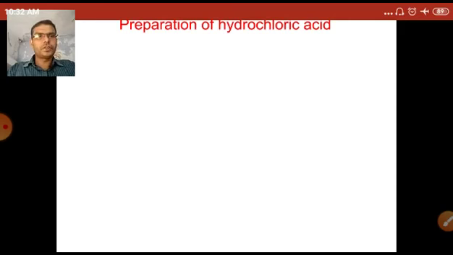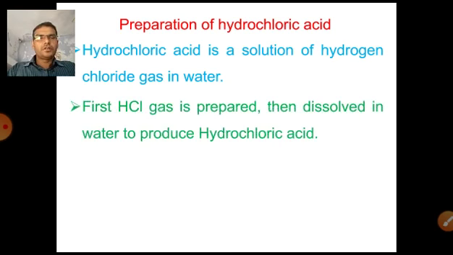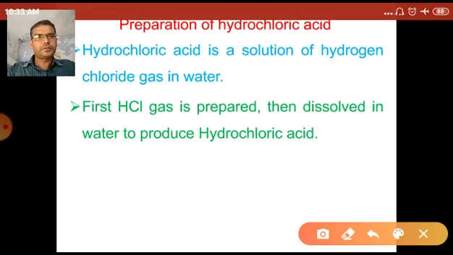So let's see. First, hydrochloric acid is a solution of hydrogen chloride gas in water. So what is hydrochloric acid? Hydrochloric acid is a liquid form of hydrogen chloride gas dissolved in the water. First, the hydrogen chloride gas is prepared and then dissolved in water to produce hydrochloric acid.